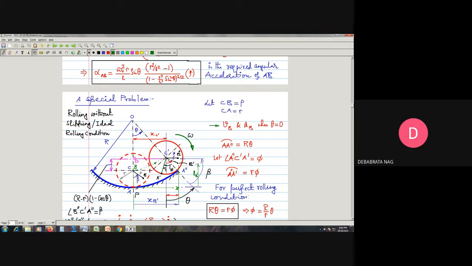You can take any point by changing your rho, and by varying your beta, the angle, you can track and find out the acceleration. For example, here we have found the acceleration of point A. Somebody can find what should be the acceleration at the topmost point at this initial configuration. So any geometry you can think of, you can solve.